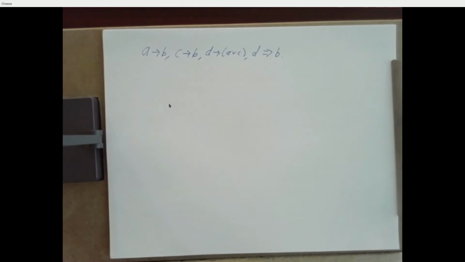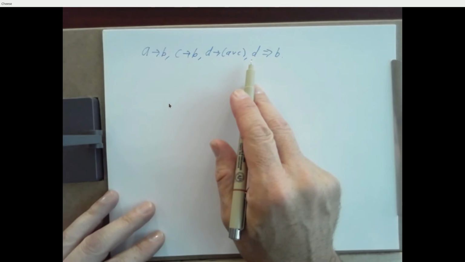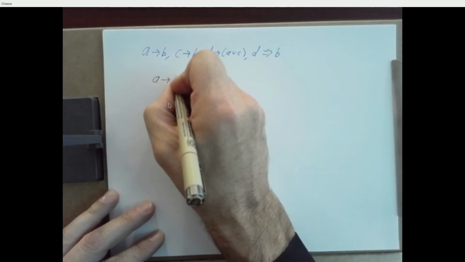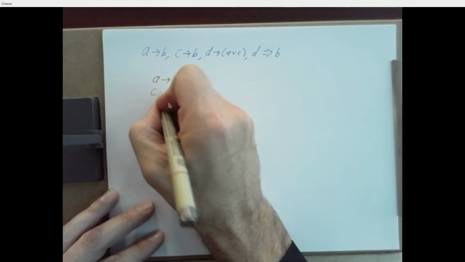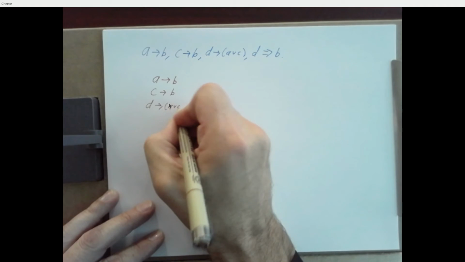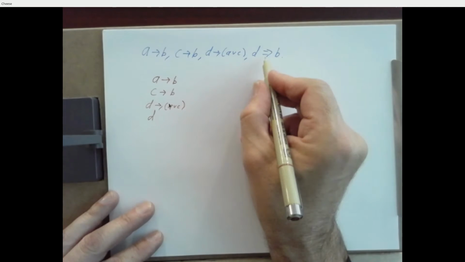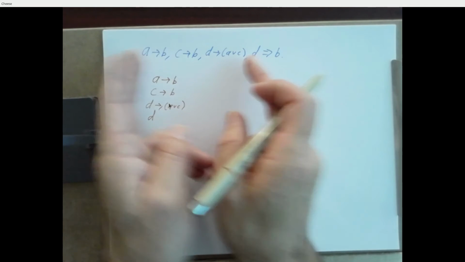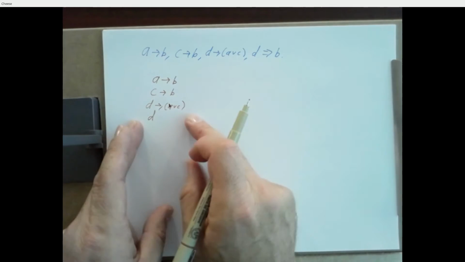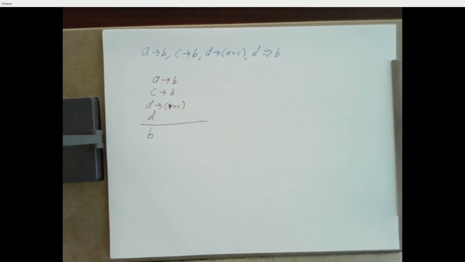This is how we would write this in the equation form that we've been doing. There are 4 propositions here on the left. The first proposition is A implies B. The second is C implies B. The third is D implies A or C. The fourth is D. The double arrow says everything to the left implies the thing to the right.